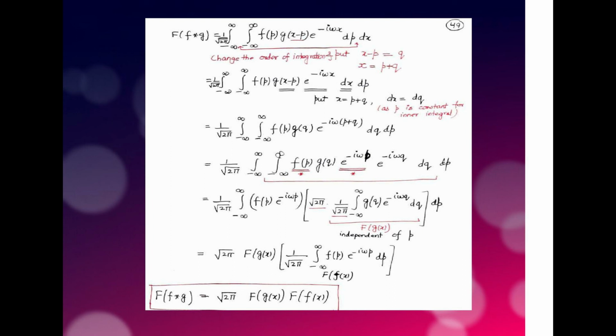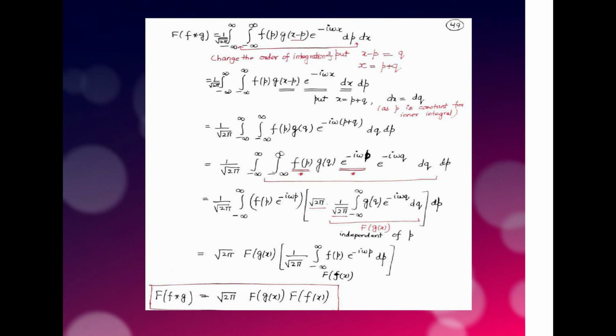Now in the inner integral, we are integrating with respect to q. P is constant, so f of p and the exponential function e raised to power minus iota wp, we can take it outside this integral and we can rewrite as the next line.